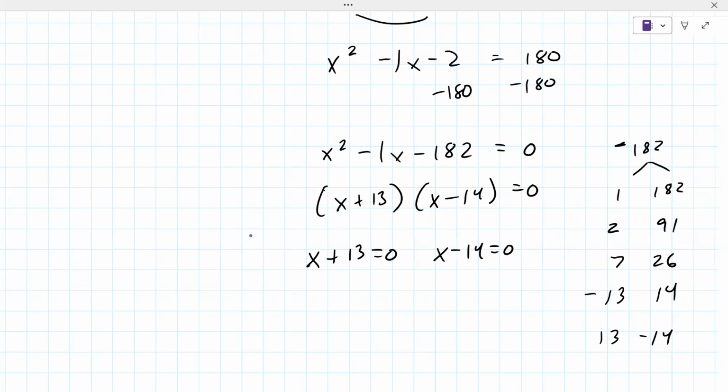Okay, so it would be x equals negative 13 and x equals positive 14.